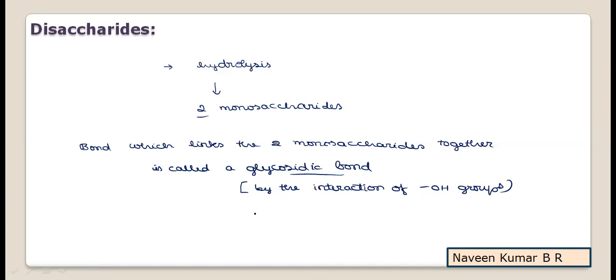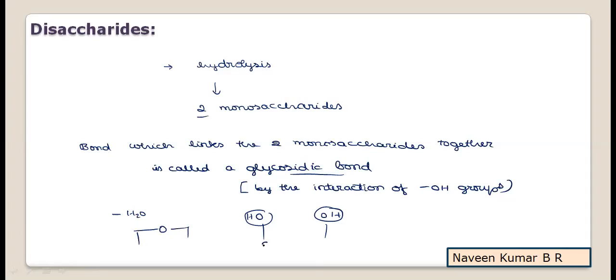That means if two hydroxyl groups are bonded to a particular carbon and they interact, one water molecule gets eliminated and the left out oxygen links the two carbon atoms.